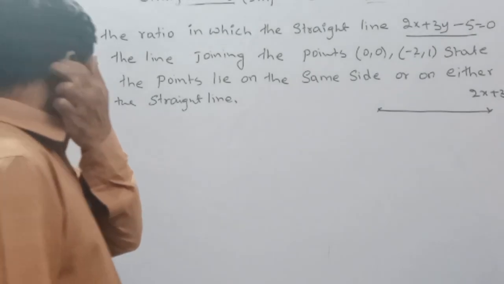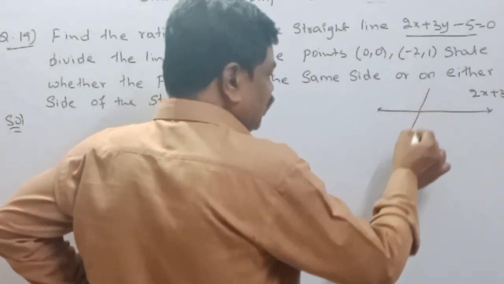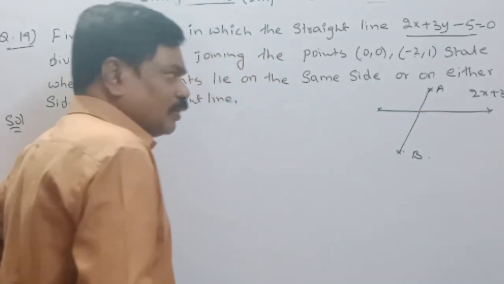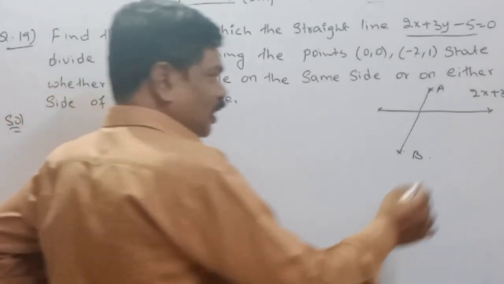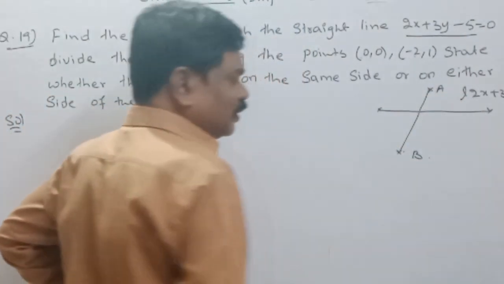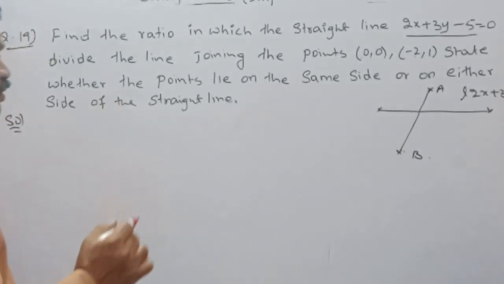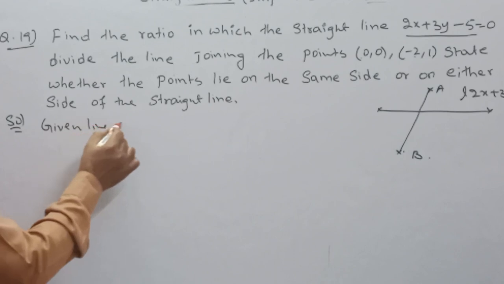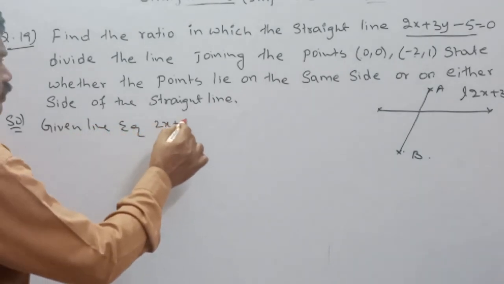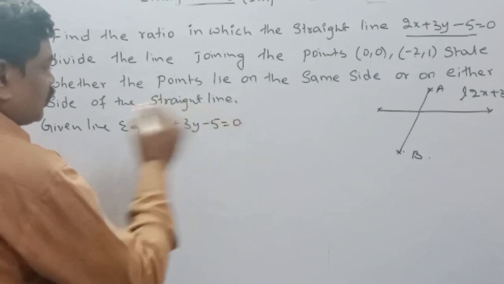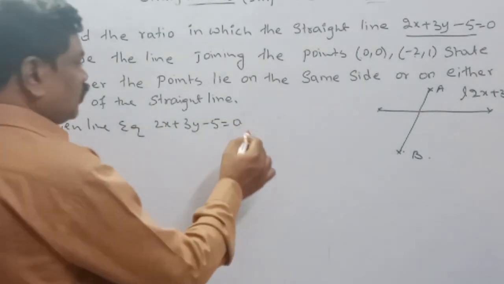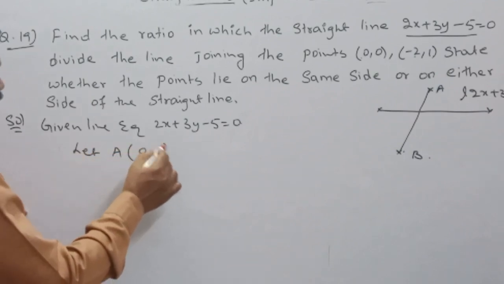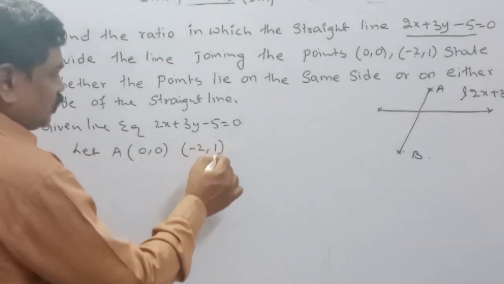So here suppose this is the point A, this is the point B. This line L divides AB in the ratio lambda is to 1. So the given line equation is 2x + 3y - 5 = 0, and also the points: let A be (0, 0) and B be (-2, 1).